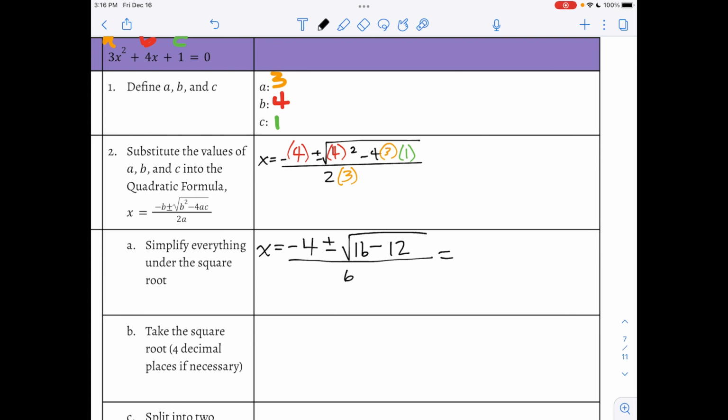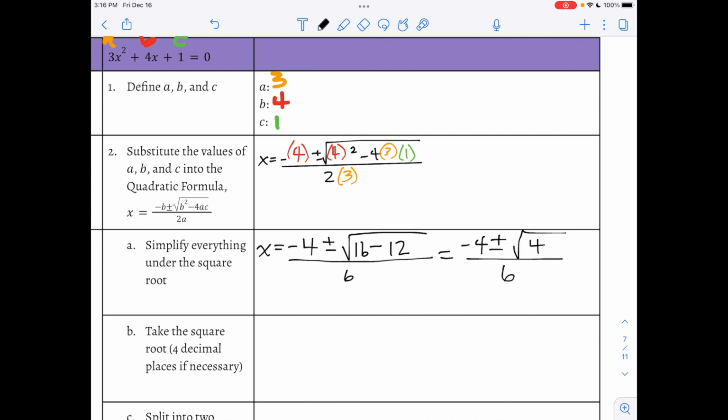Next step, I'm going to go ahead and simplify that. So I get negative 4 plus or minus the square root of 16 minus 12, which is 4, all over 6.